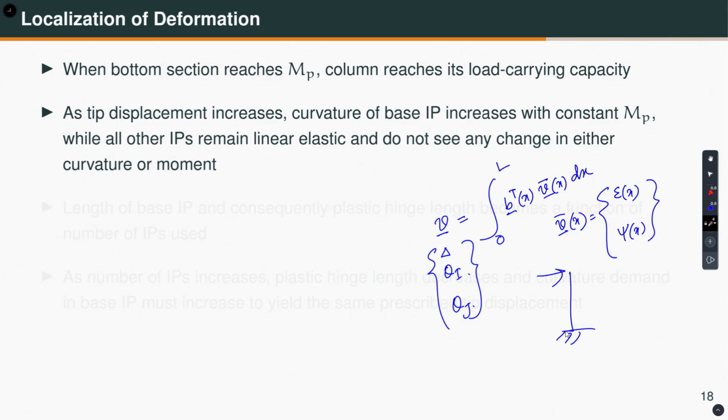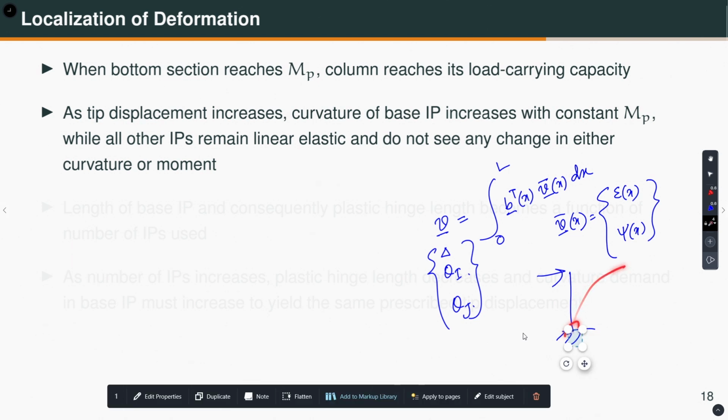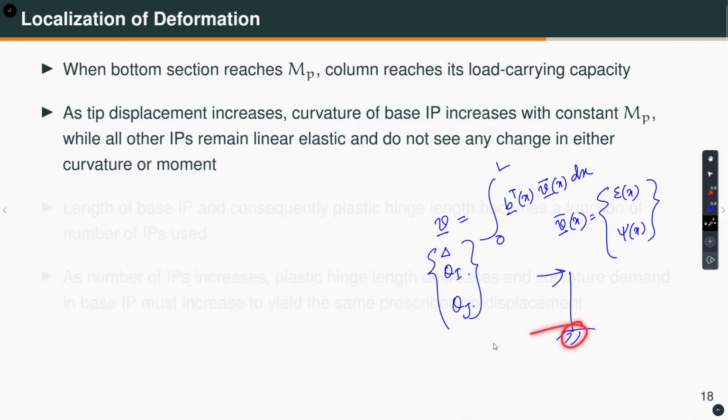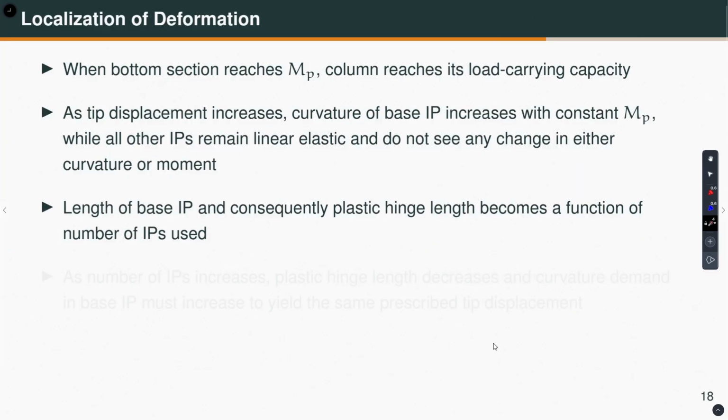Because all other cross sections along the length of the element remain elastic. Bending moment diagram is not changing. So, as the displacement is increased, you are pushing it like so, the curvature here has to increase at constant moment.